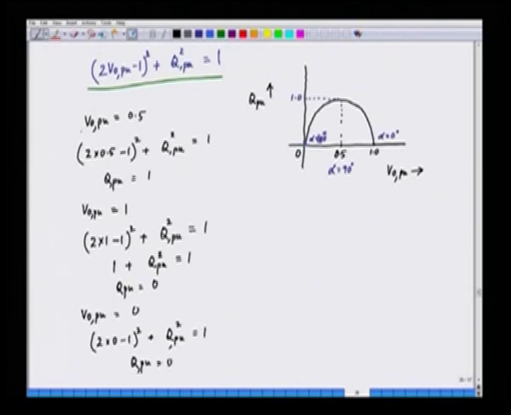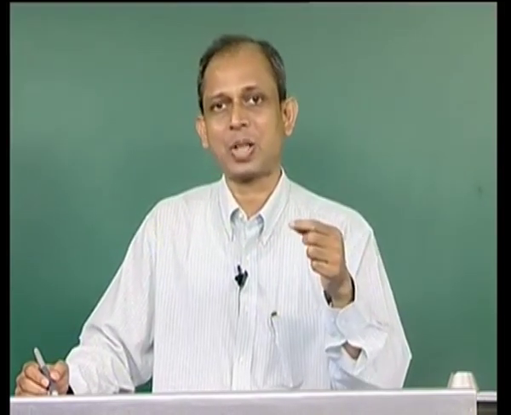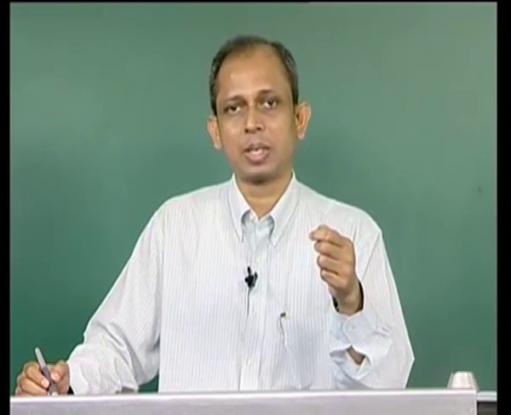So, we have 3 different points in this case: V per unit is 0, V per unit is 0.5, and V per unit is 1. So, as we go on increasing the output voltage from 0 to half the maximum value to the full maximum value, the reactive power changes, and it attains a maximum at V per unit equal to 0.5.